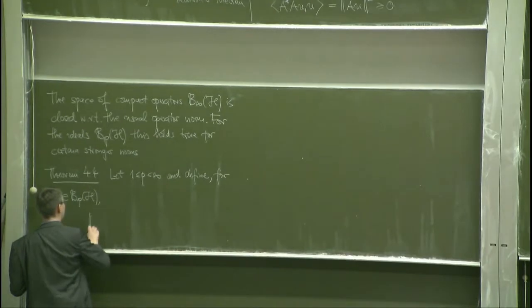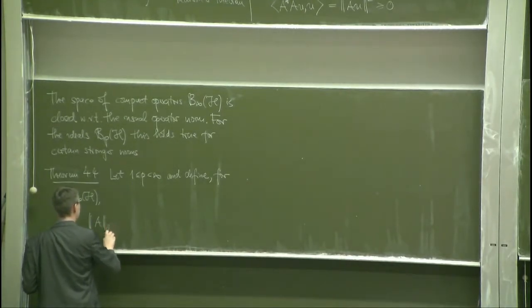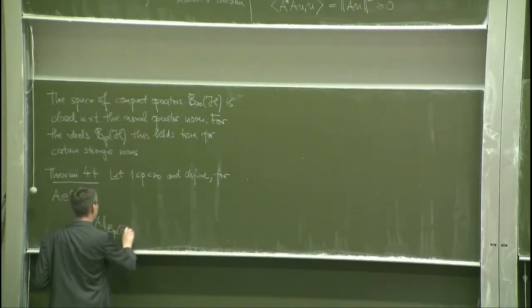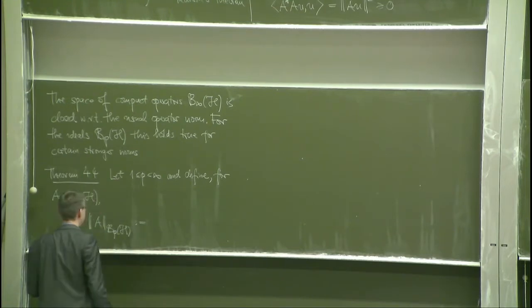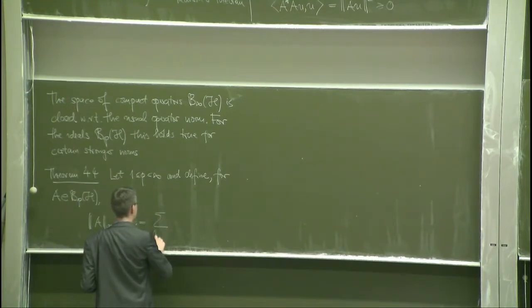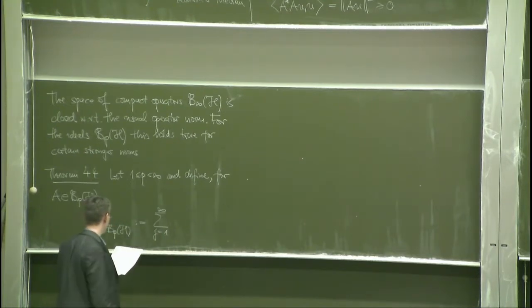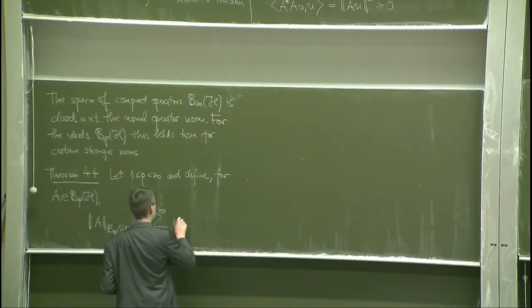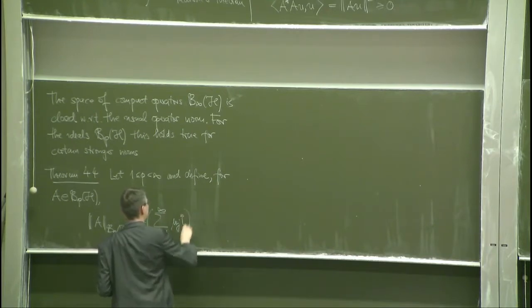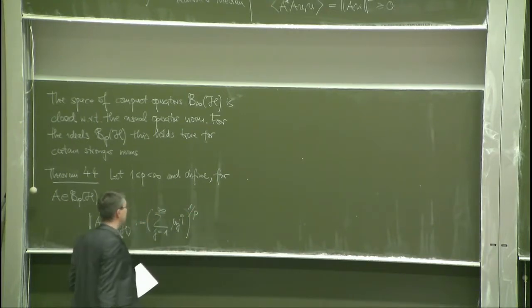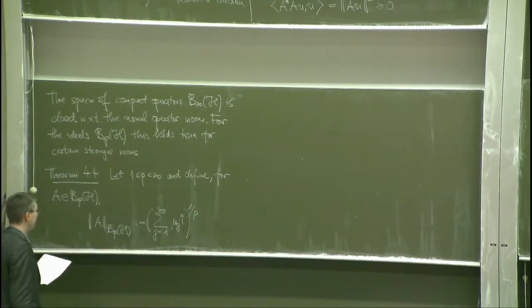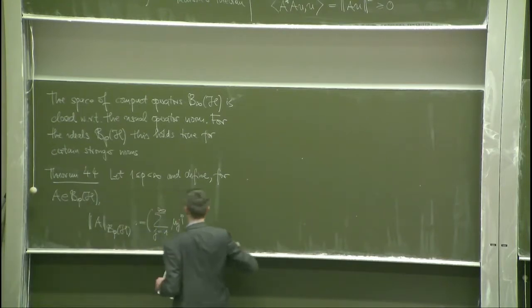I define the norm of A in Bp of H simply by taking this sum, j running from 1 to infinity of the singular values to the power of p, and then I take it to the power of 1 over p.